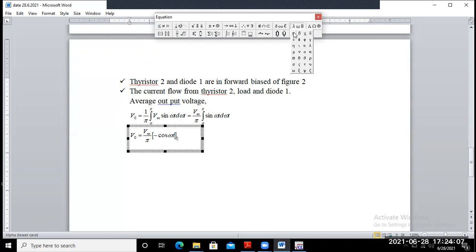So just put the value of lower and upper limit, then you will get the value of average output voltage.